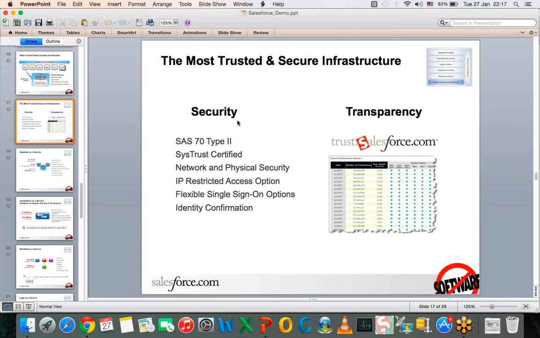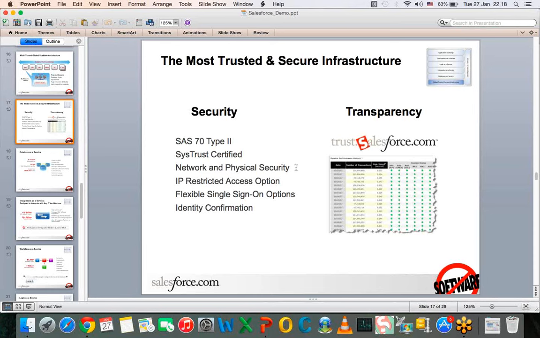And similarly for security, you have different types of security available. The first two are SIS certified and SAS 70 Type 2. These are two different certifications which Salesforce has undergone, which tells you it is very much secured. You can just Google what exactly SAS 70 Type 2 and SIS Trust certified are all about.